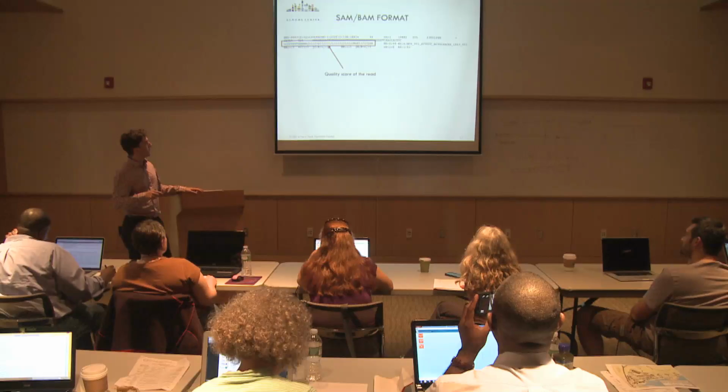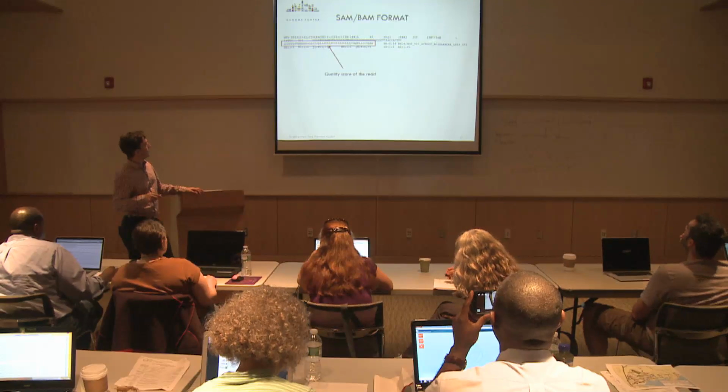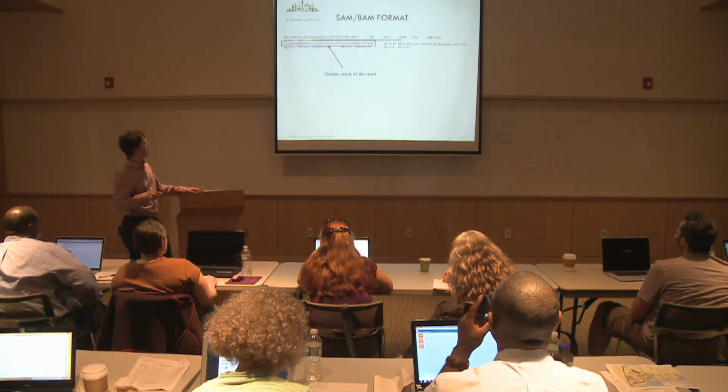Right. Okay. Here is the sequence of the read, the quality score of that read, and then there is a bunch of optional fields. One of them is the read group, and that's some of the same information as we had in the header.